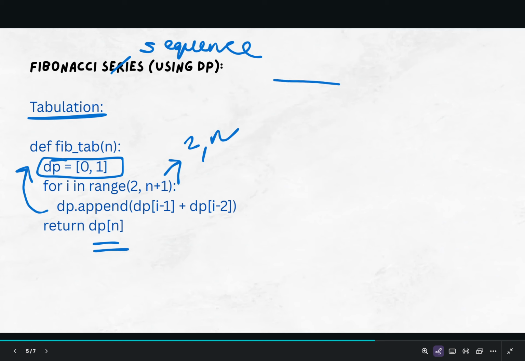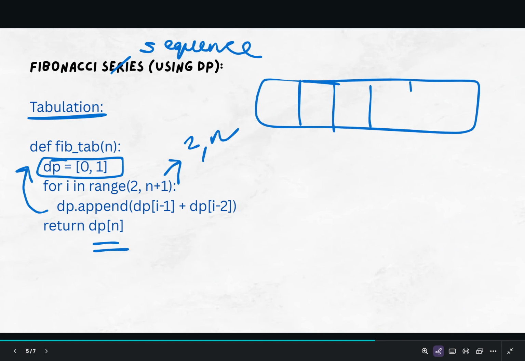So see. So we have this 0 and 1 initially. Now we are going from 2 till, let's say, n is equal to 5. Okay.